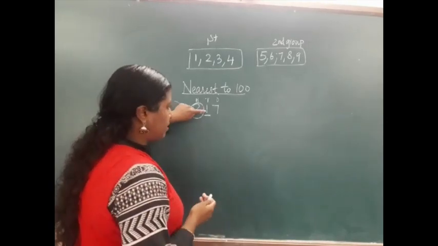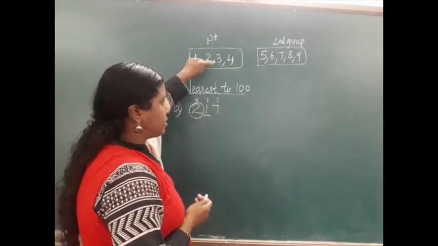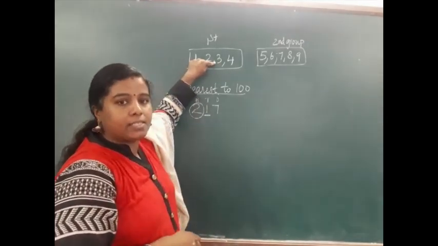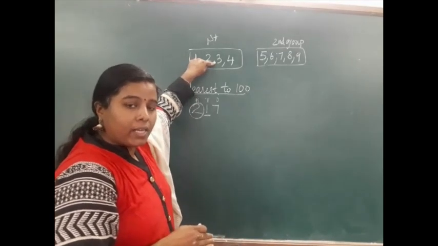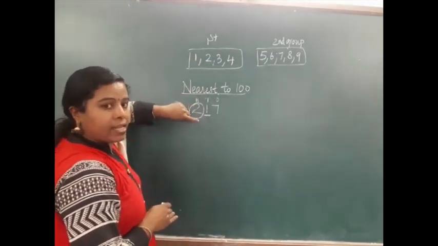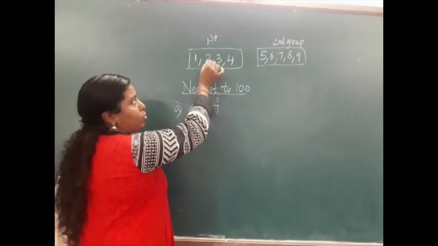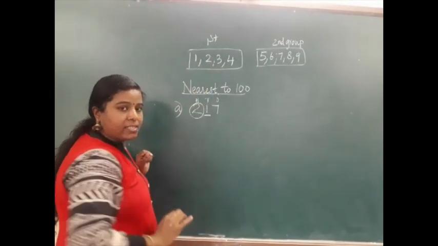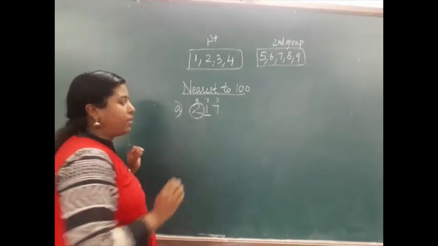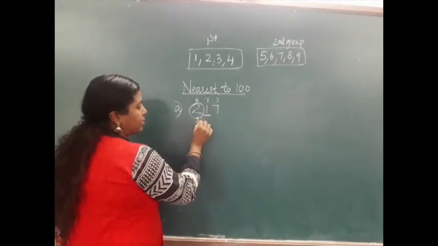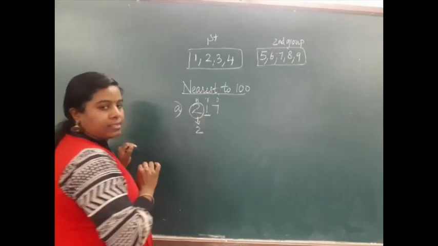If this digit belongs to the first group, or if this digit is below 5, we will write the circled digit as it is. So here 1 comes. 1 belongs to the first group, or it is a digit below 5. So we will write the circled digit as it is.